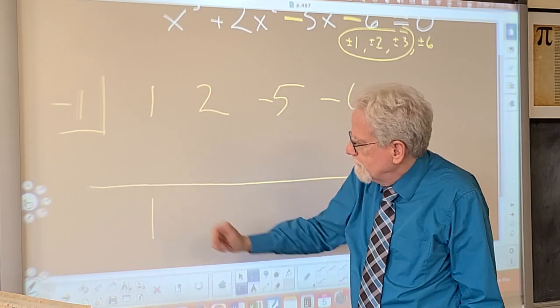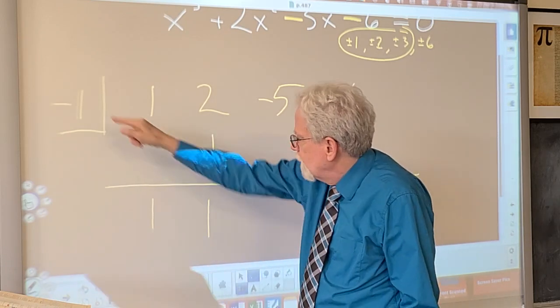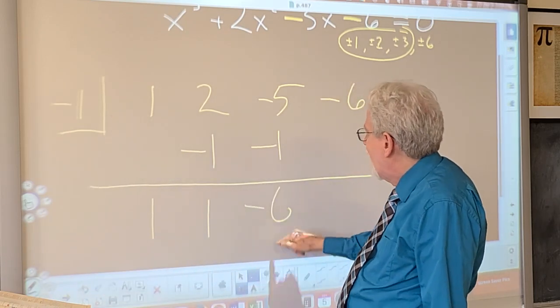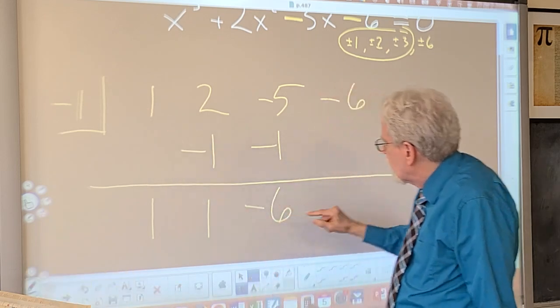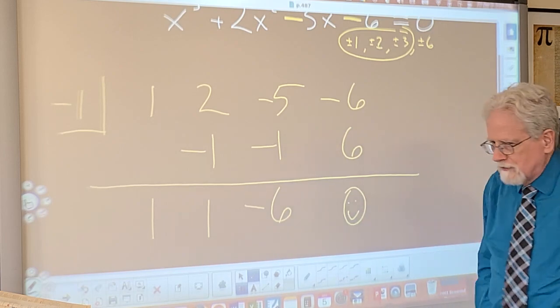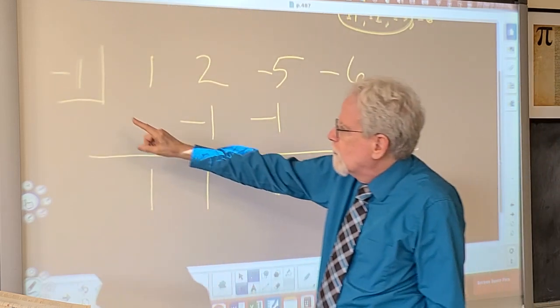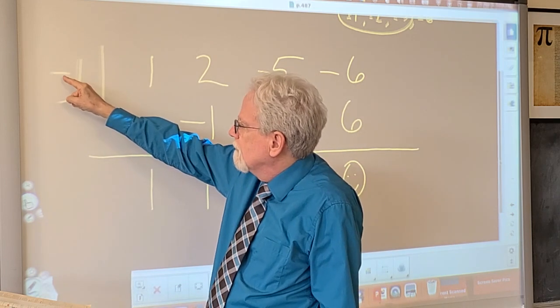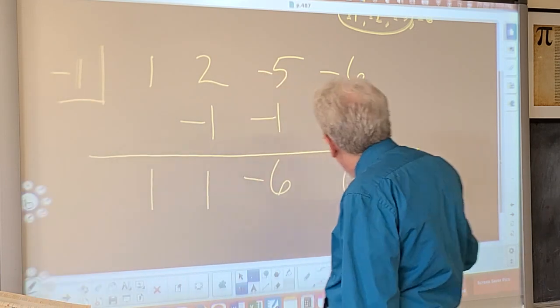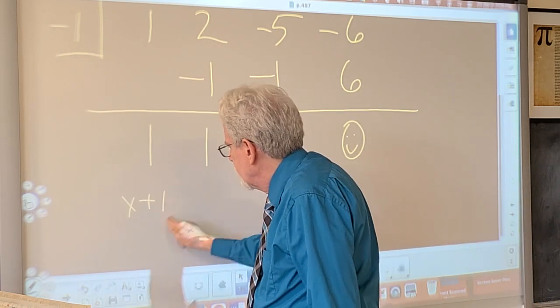We've brought down our 1. 1 times negative 1 is negative 1. Add, we get 1. Multiply, we get negative 1. Add, we get negative. Oh, yeah. Negative 1 times negative 6 is 6. Add, we get 0. Ta-da, we found it. Yay. So what's that tell us? That one of our factors is going to be x plus 1. Change the sign. One of our factors is x plus 1.